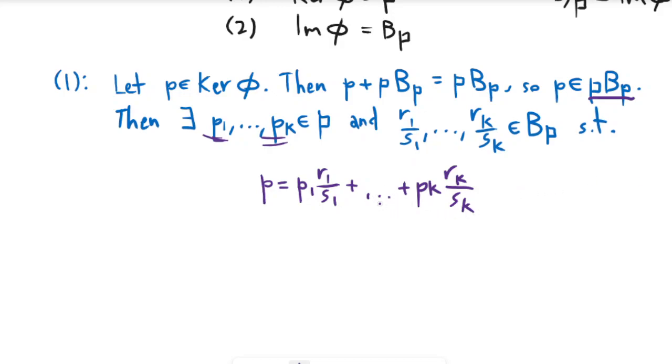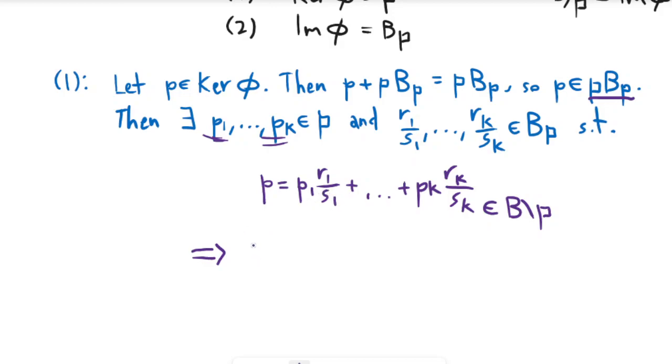Okay, but we know that each of these SI is in B set minus P. And so that means that none of them are equal to 0, right, because P is an ideal and it contains 0. So what we can do then is we can just multiply out the denominators.